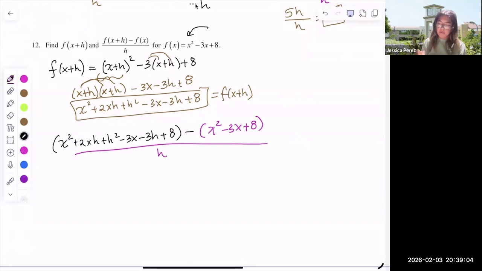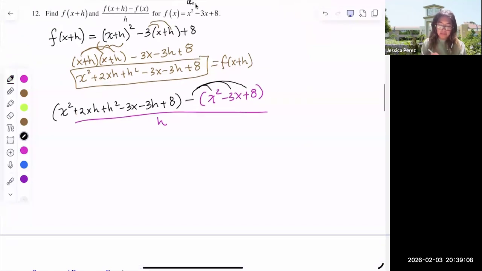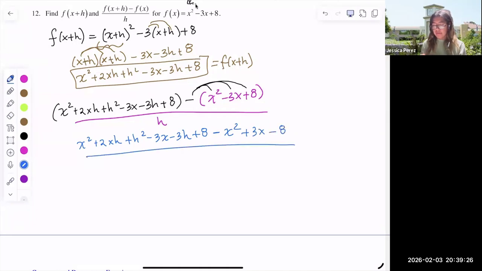I'm going to have to distribute this negative and clean up my values. So I'll have x squared plus 2xh plus h squared minus 3x minus 3h plus 8 minus x squared plus 3x minus 8, all over h.